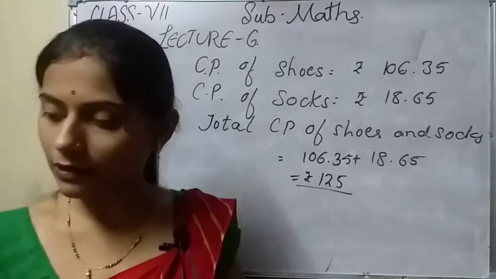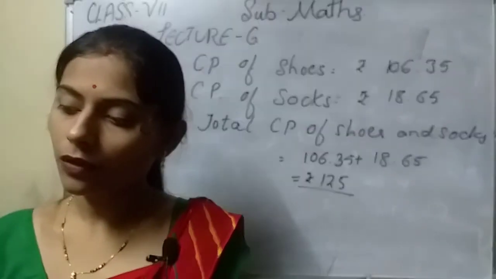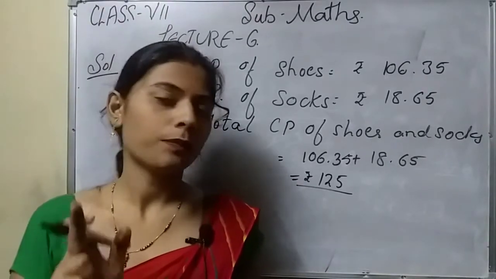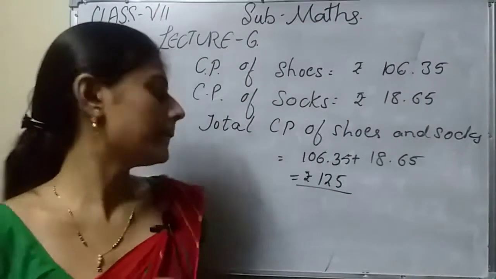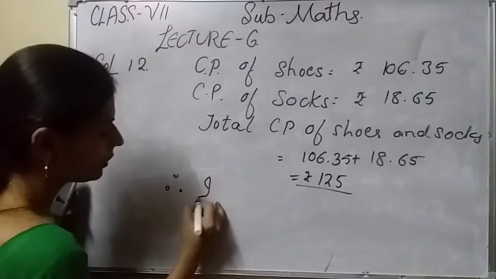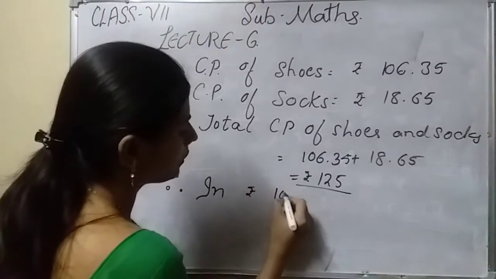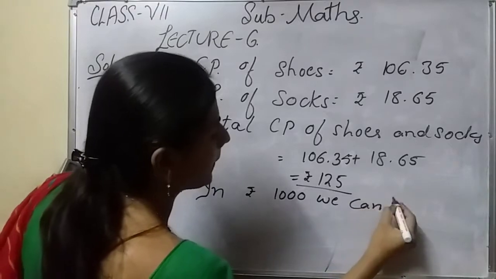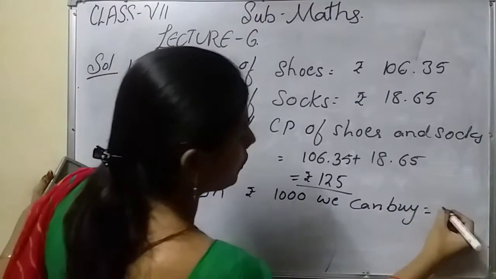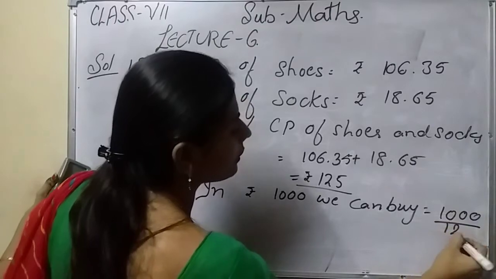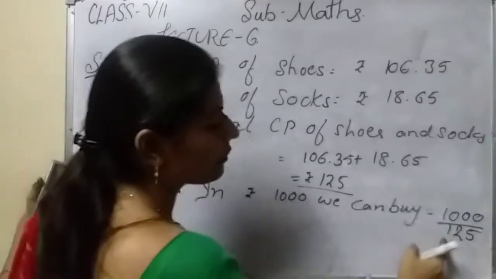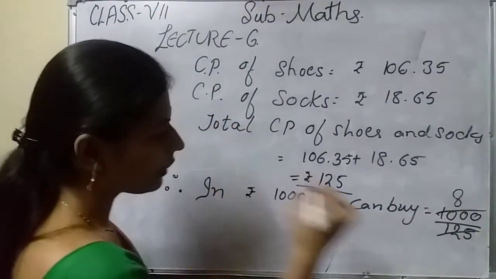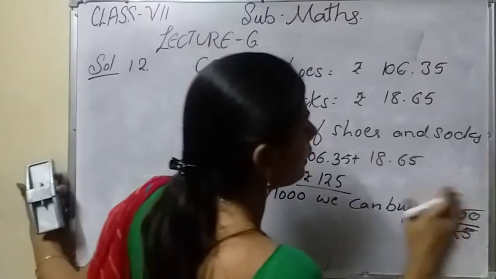Now what they are asking is how many sets of shoes and socks can be bought with rupees 1000? In 1000 rupees, how many socks and shoes we can buy? Therefore, in rupees 1000, how many we can buy is equal to 1000 divided by 125. When you divide, here you will get 8.